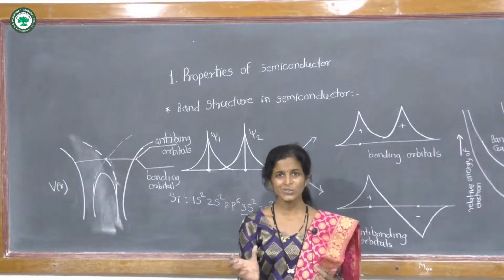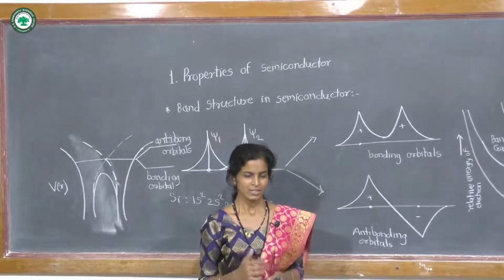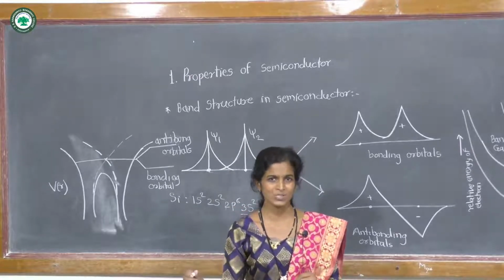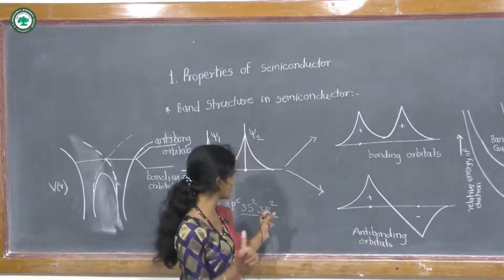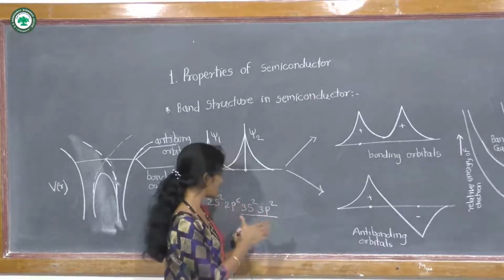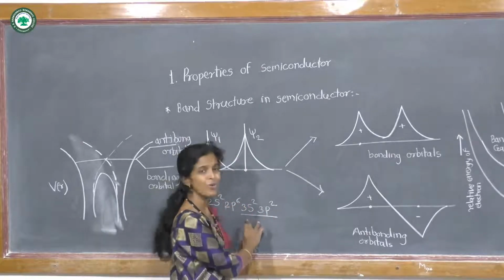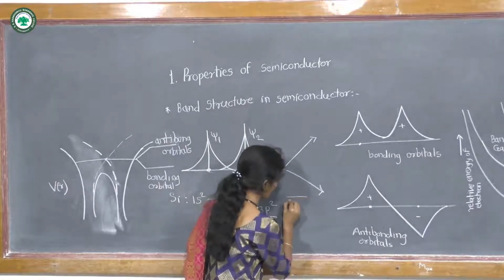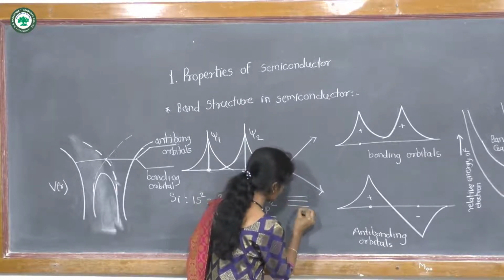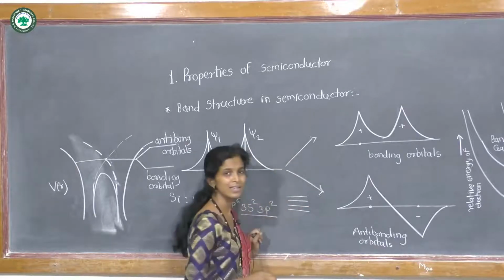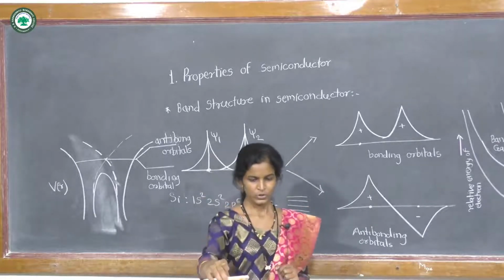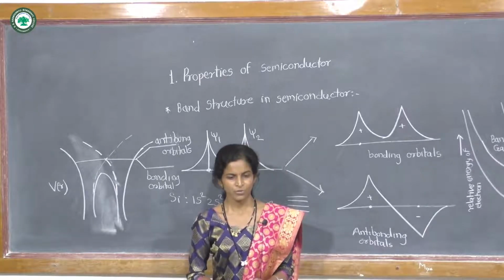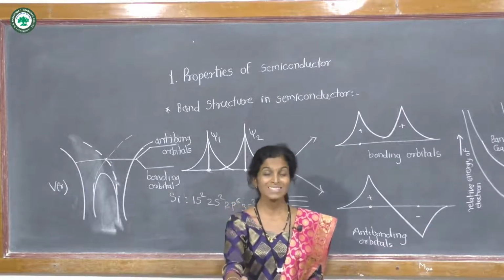That is, when two silicon atoms come closer, applying the Pauli exclusion principle, these atoms have different quantum states, due to which they have different energy levels, and there is a possibility of formation of bonds and band structure.